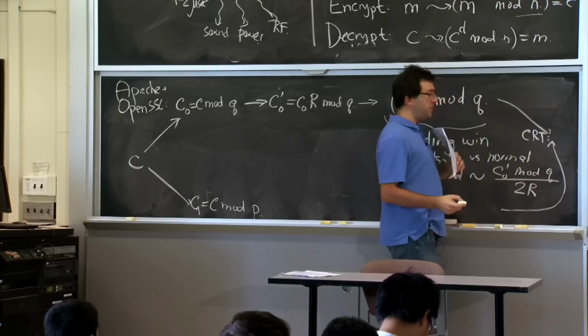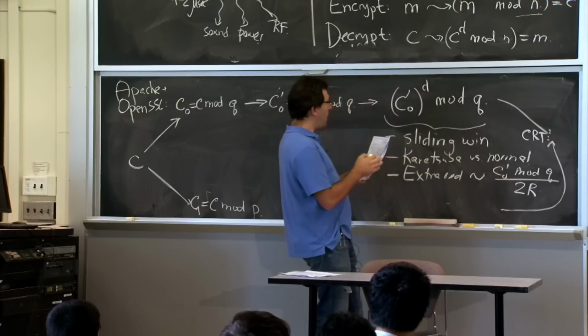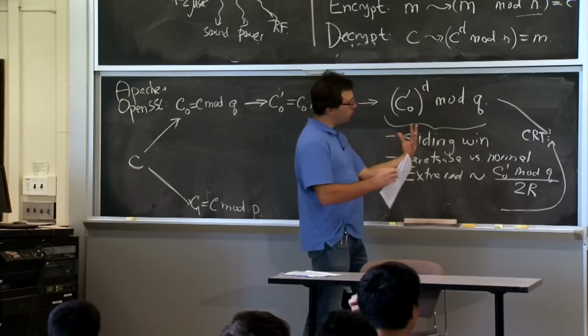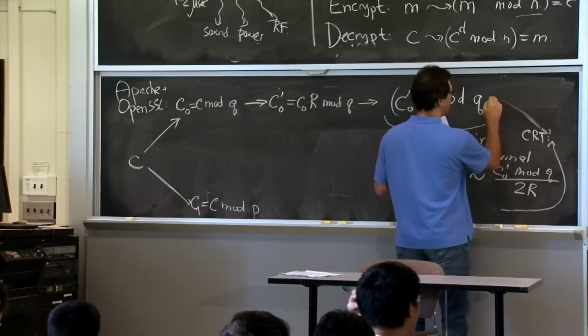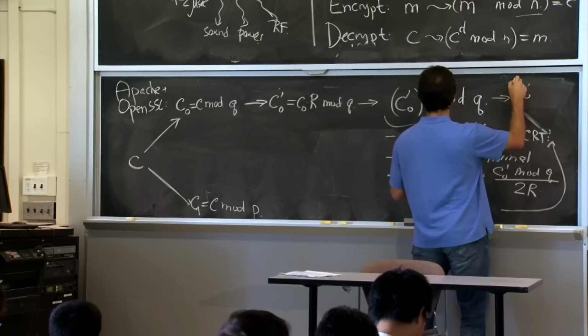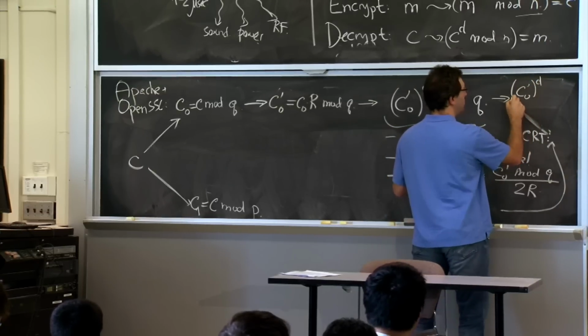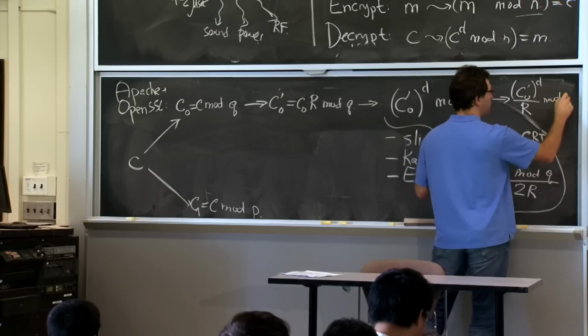And what you get out from CRT is actually, sorry, I guess we need to first convert it back down into non-Montgomery form. So first we're going to get C0 prime to the d divided by r mod q.